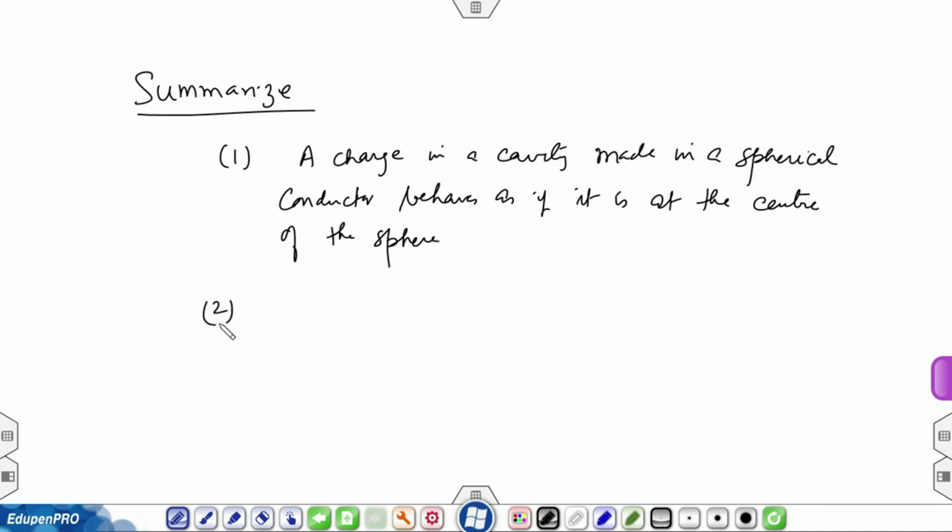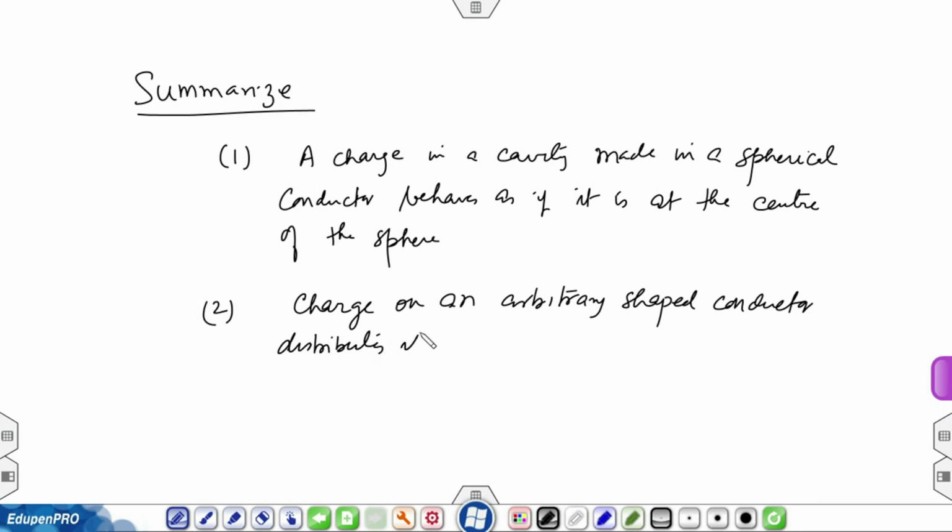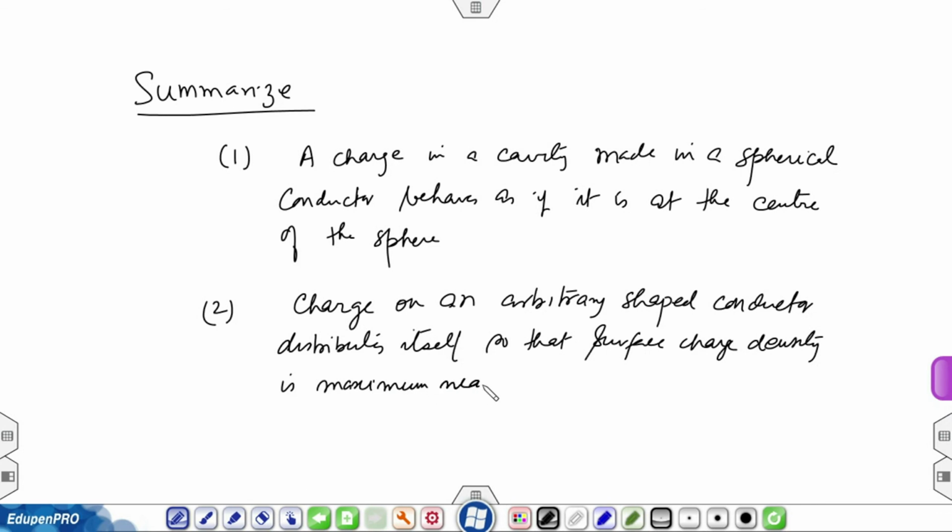and two, that charge on an arbitrary shaped conductor distributes itself so that surface charge density is maximum near the sharp edges, corners.